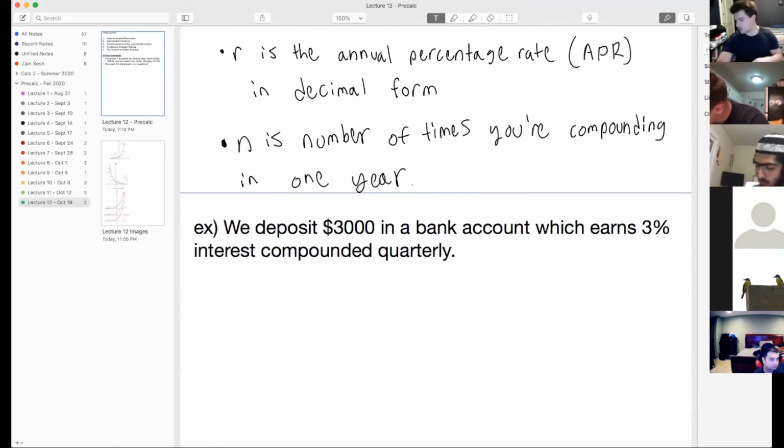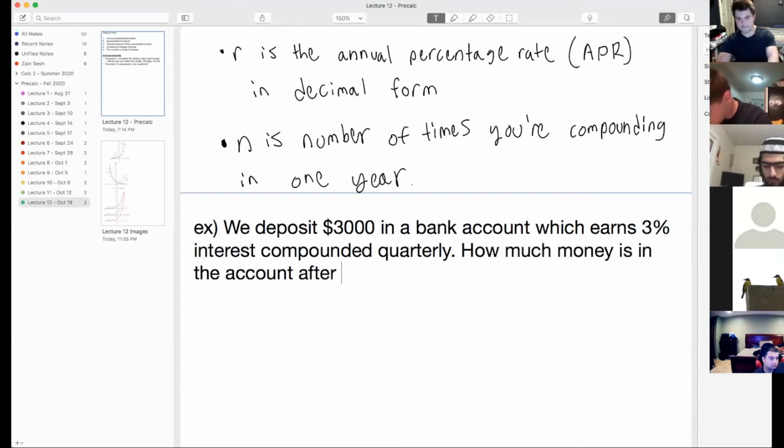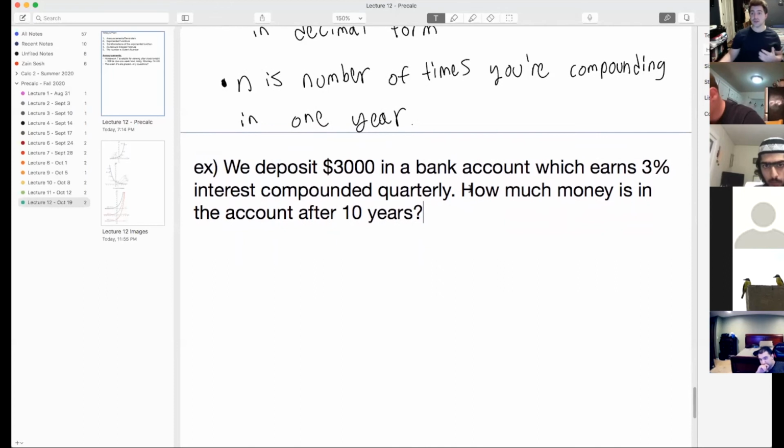And the question is, how much money will be in your account after 10 years? So that's what this formula is useful for. It will tell you how much money you will have given some conditions in a certain number of years.